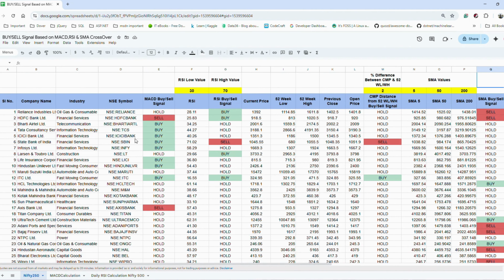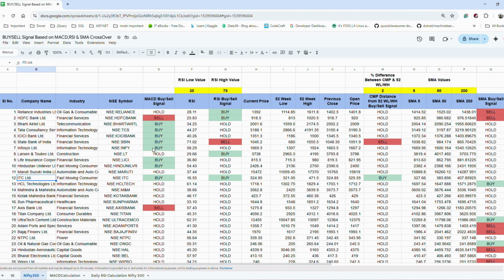I can come here and see if I'm getting the buy signal from most of them. Maybe the MACD is not giving the buy signal, RSI is giving the buy signal, this is not giving the buy signal, and the SMA is not giving the buy signal. When most of them are giving the buy signal, it is truly a buy signal. Say for example ITC.